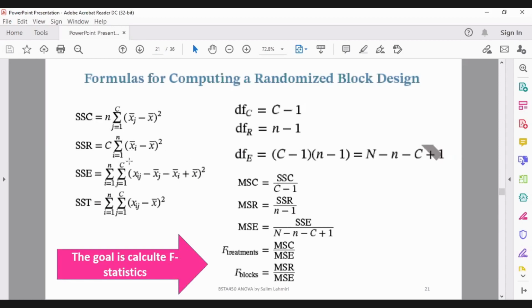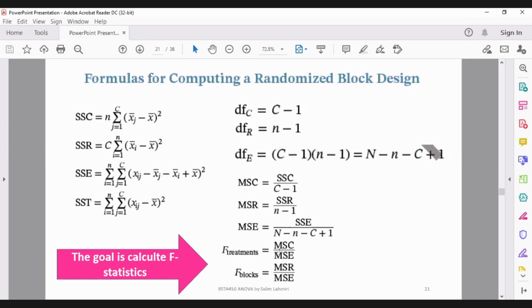MSE is this quantity, this one. C is the number of experiments multiplied by the mean of each group minus the mean of all groups. And SSE is the total number of observations multiplied by the sum of the mean of each experiment minus the overall mean of all experiments.